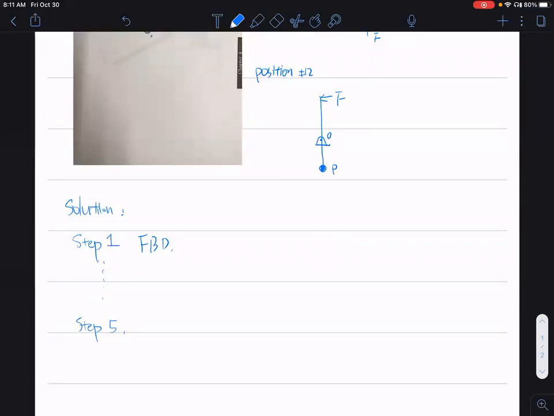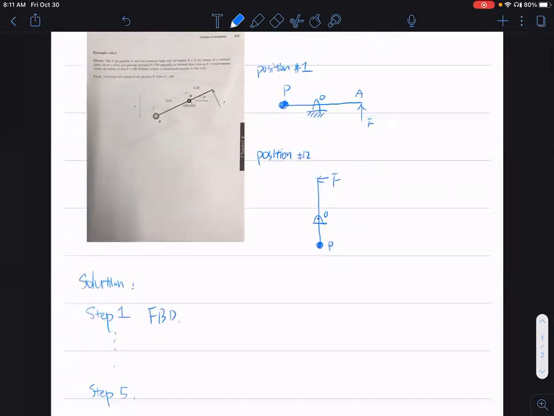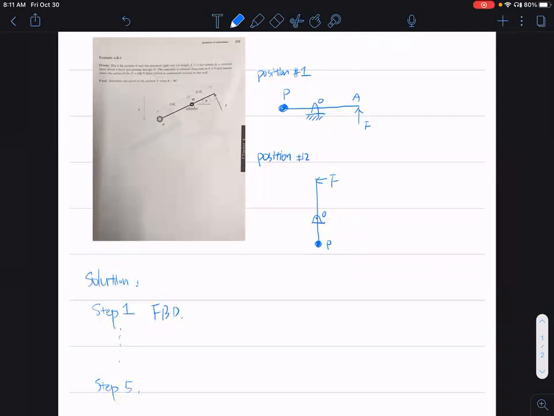How many forces should be on the free body diagram? And the question here may be, we have two positions. Does it matter if you draw your free body diagram based on position 1 or position 2? Or maybe other positions in between? Would that change your free body diagram?